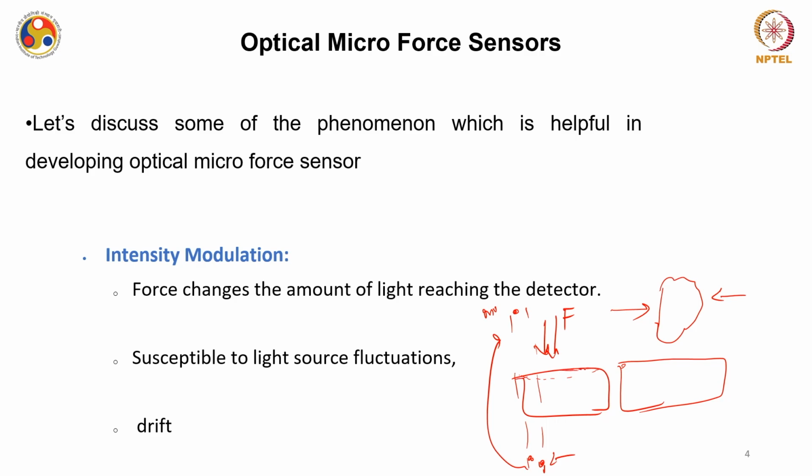I have a monochromatic source of light and a detector tuned to this emitter. When there was no deformation or no force applied, say the intensity that reaches this place is I1. And say if there is a force F1 and there is some deformation, say delta 1, the intensity is I2.